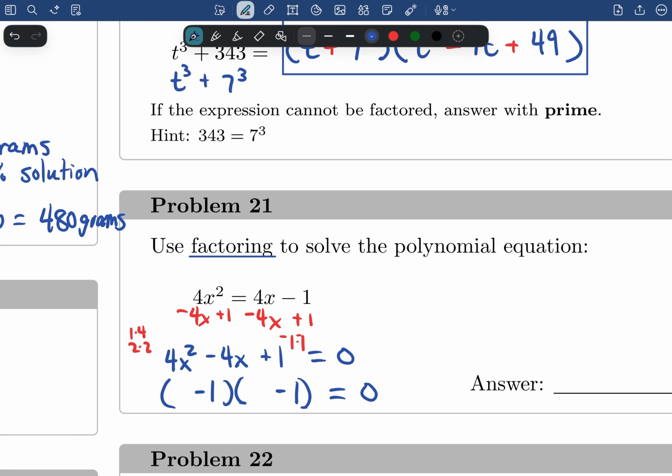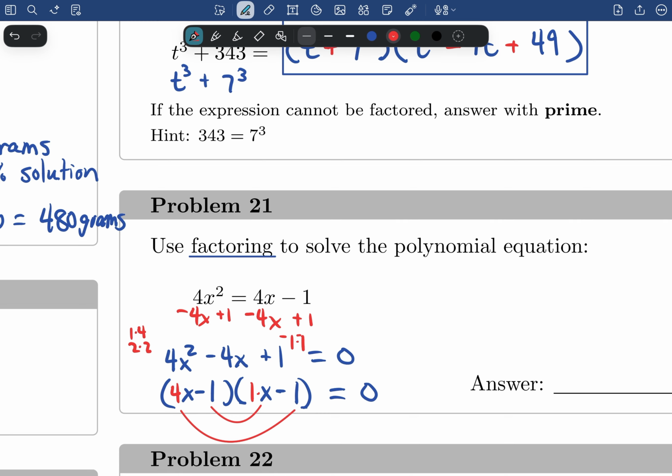And so maybe I run a little trial and error really fast, and I decide, hey, what if I put a 4 and a 1 here and here? Will that work? Well, I have to think of my outer and inner terms of FOILing and see if they make negative 4x.